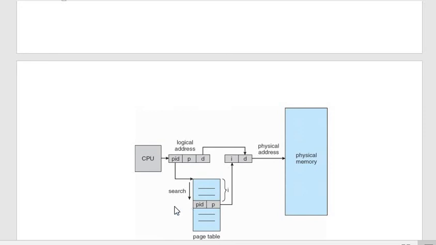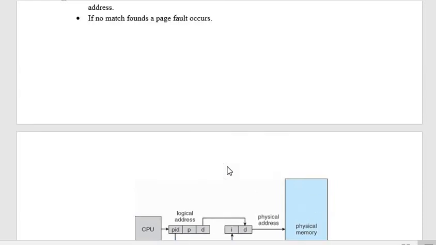Since the index is the frame number, take that index value as the frame number. Then add the offset, and that particular location in that frame is reached on the physical memory. That is just the opposite of the normal page table working.